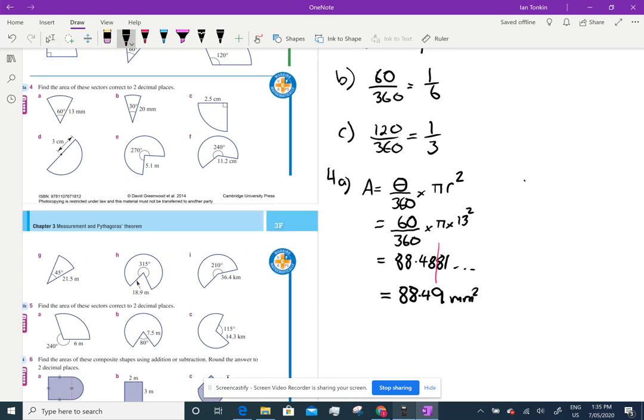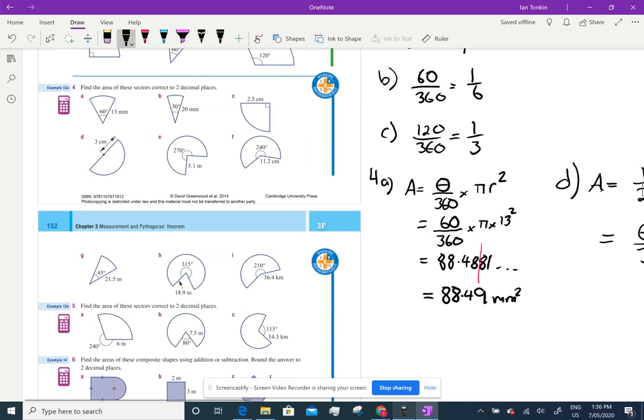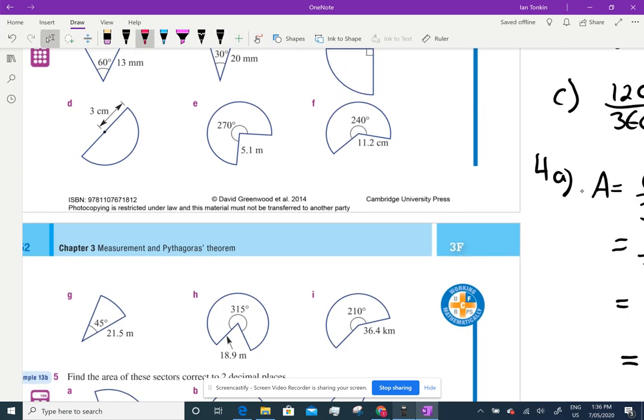4D. Now there are two ways to do this one. You know it's a half a circle, so you can just jump in and go a half pi r squared, or you can go theta over 360 times pi r squared. But then you've got to know how much of an angle this is.